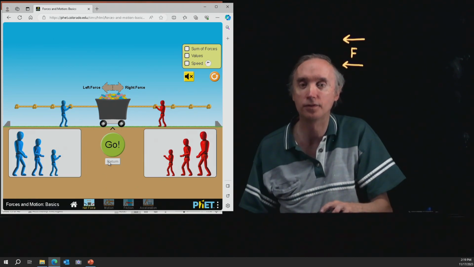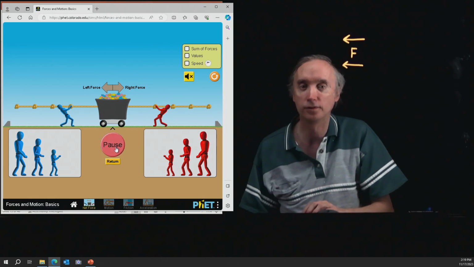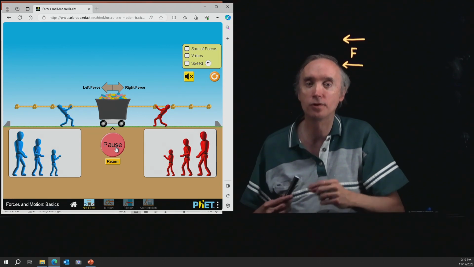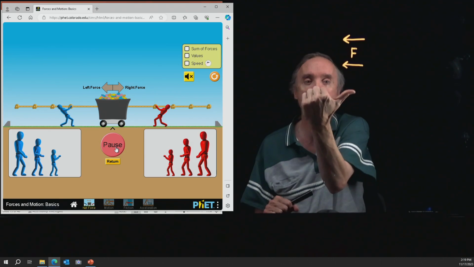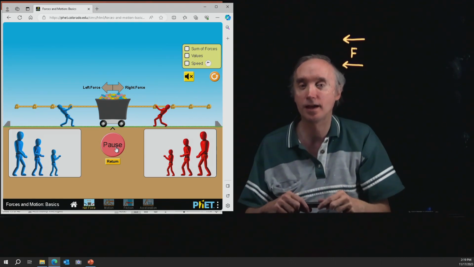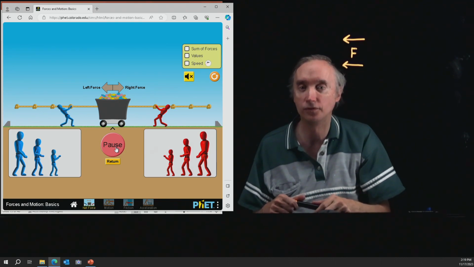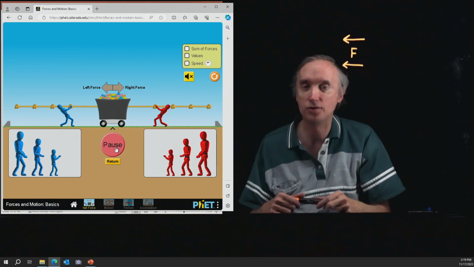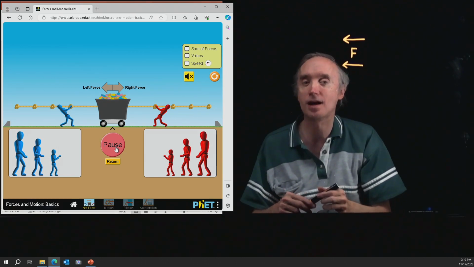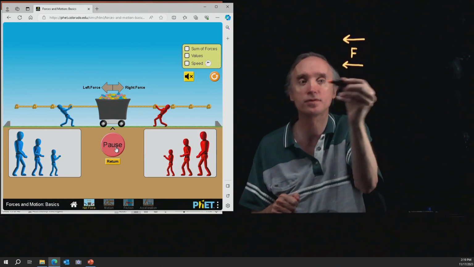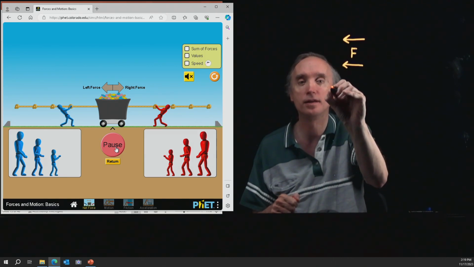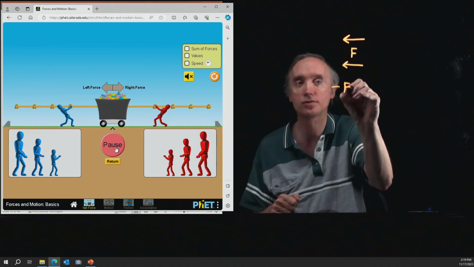Okay, and then hit the go button, and nothing. Okay, so you had one person that was pulling in that direction, you had another person that was pulling in this direction. They had equal and opposite forces. So do you remember what the sign convention was? If a force is going in this direction, we would say that it has a negative force.